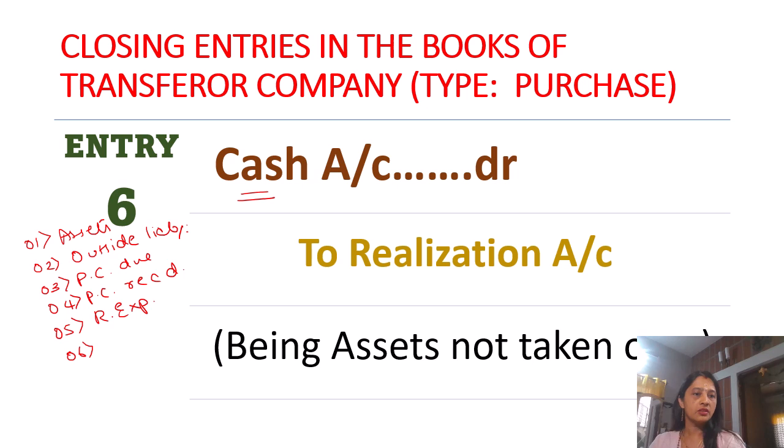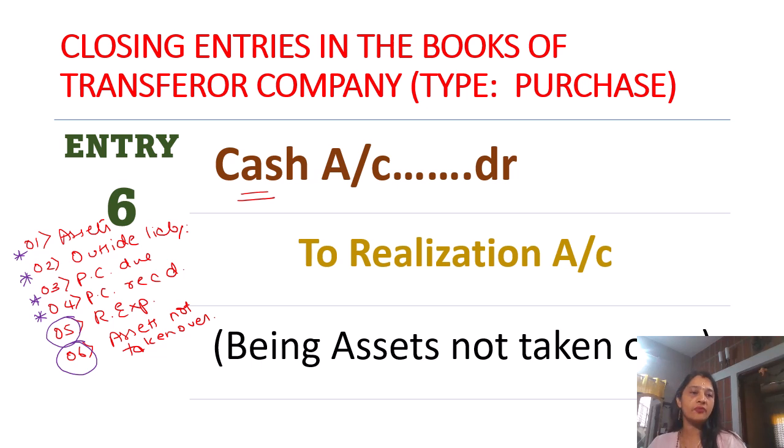Sixth one, assets not taken over. Now in these six entries, remember, the first entries will be there compulsorily. But depending on the question, only if it is there in the question, will this entry come. Otherwise, this entry will not come. This also, only if they have given that a few assets are not taken over will this entry come. Otherwise, this entry will not come.